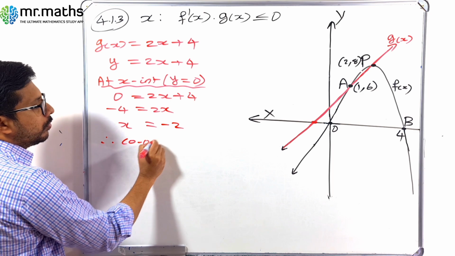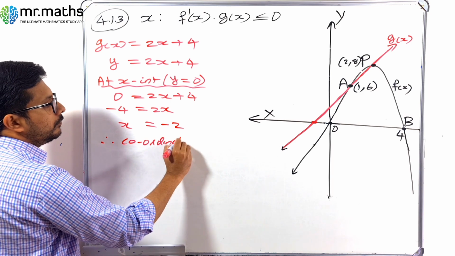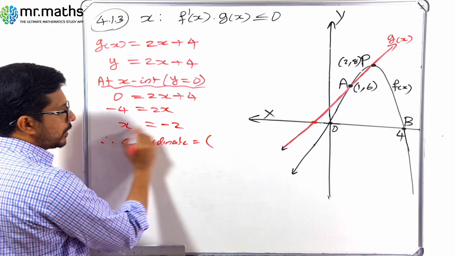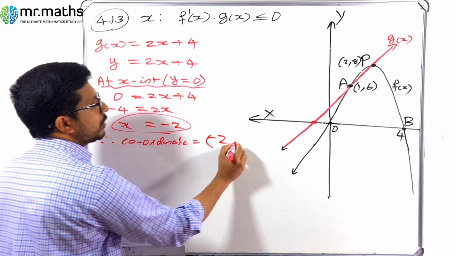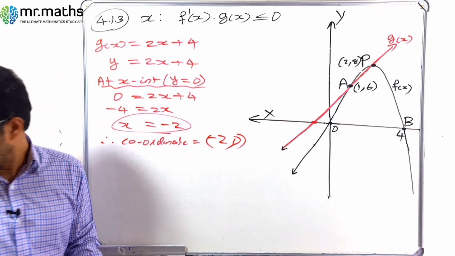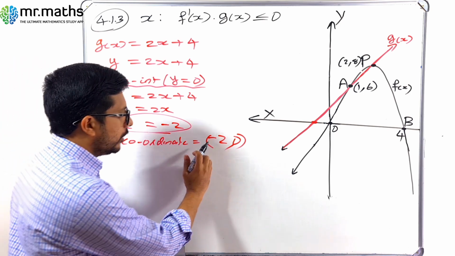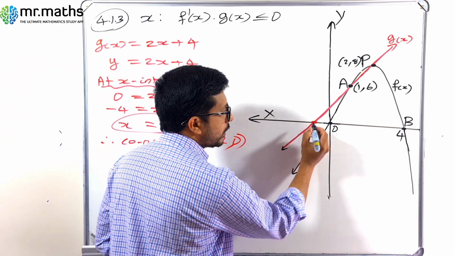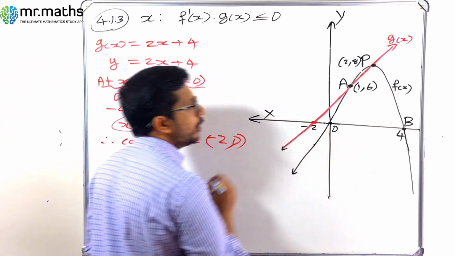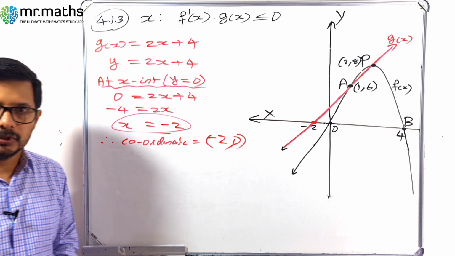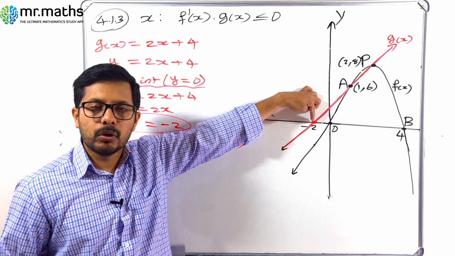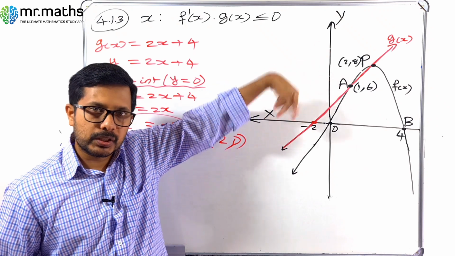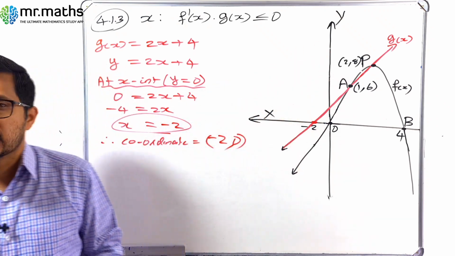Therefore the coordinate is x value is minus 2 and the y value is 0. So now you know that minus 2 comma 0 means this x value here is minus 2. You understand? So I'm trying to find the x-intercept or the x value of this g of x, the straight line. Okay. Now let's start.